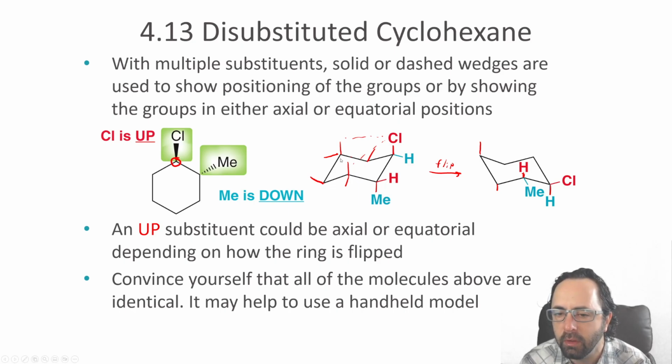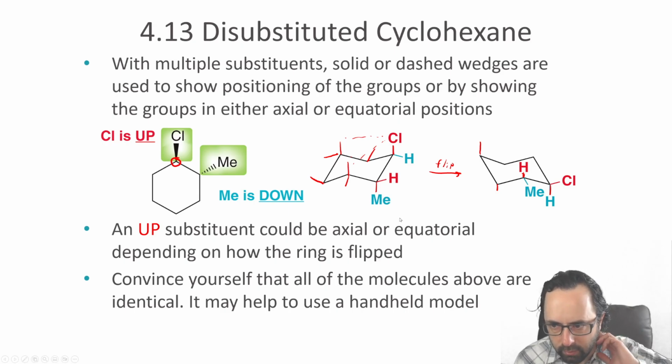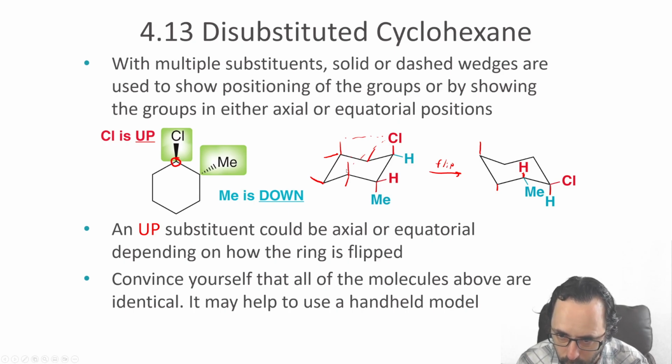However, in the equatorial position, they spread out outwards away from the ring, and so they don't have that steric hindrance. So you're going to have your least stable cyclohexane is when you have large groups that have these 1,3 diaxial interactions where they're one carbon away in both axial.